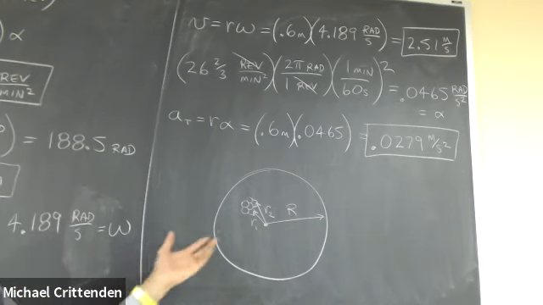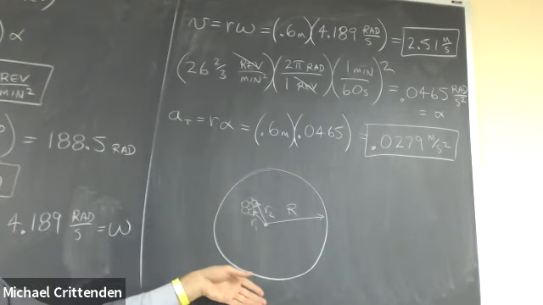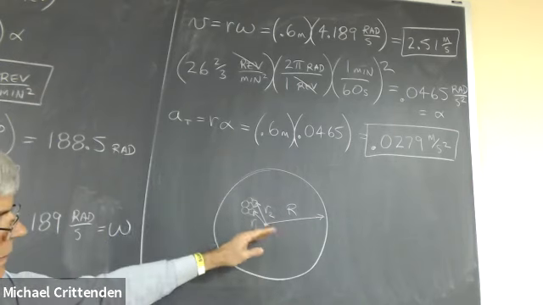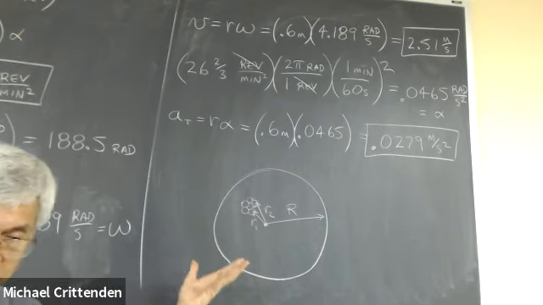And that's why if it's a solid disk, it only adds up to 1/2 mr squared, whereas if it's a hoop with all the mass at the outside edge, it's 1 times mr squared.